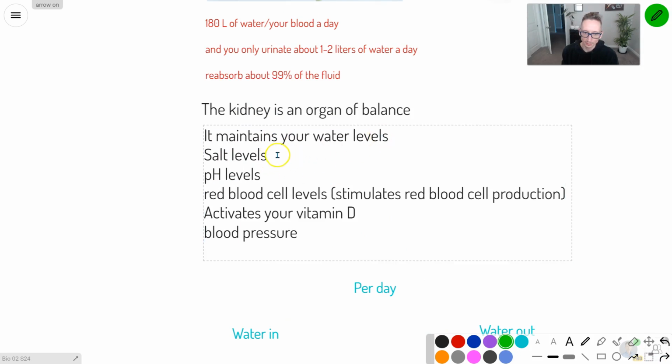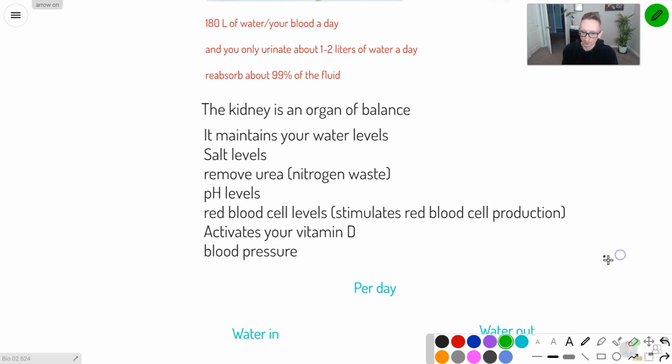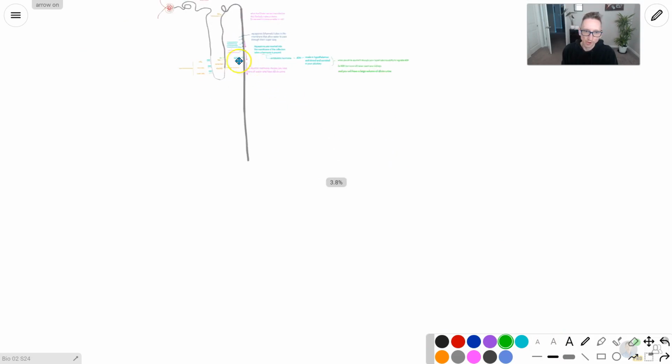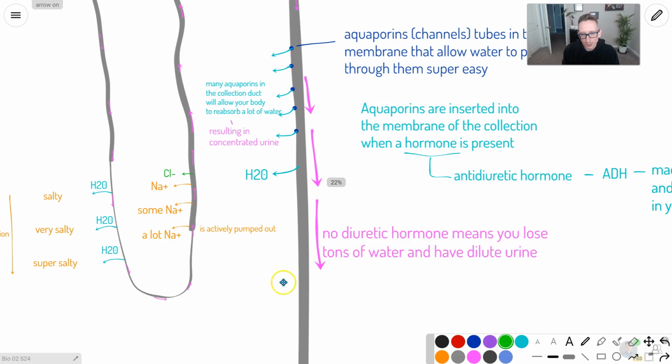It also removes urea, or nitrogen waste. Okay, and urea, let's go back to this nephron that we drew. Urea cycles from the collection duct back to the loop of Henle and back to the collection duct.